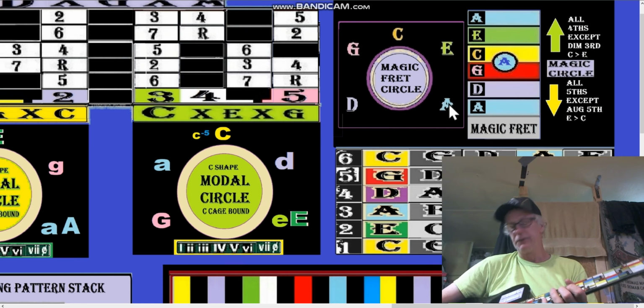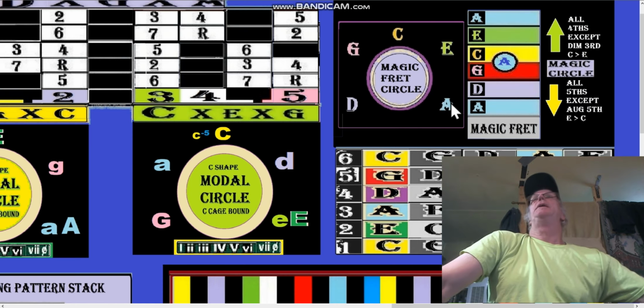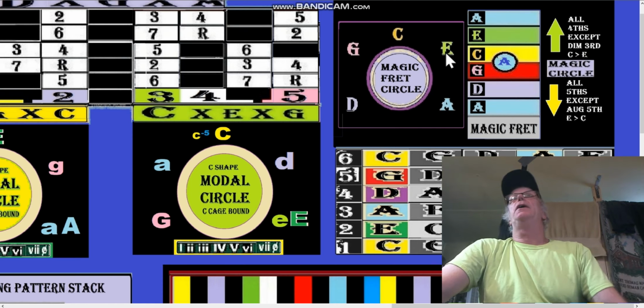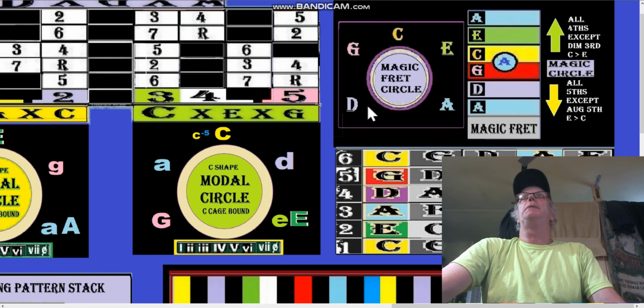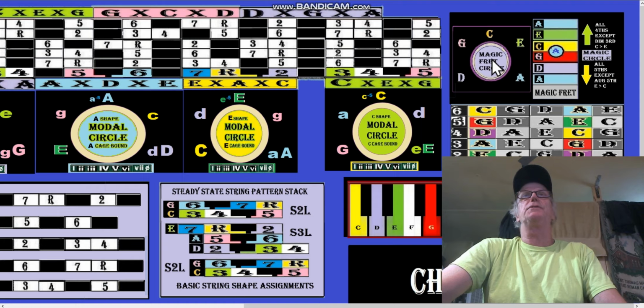There's your A second inversion. So that's a little mention of the magic circle. Now, going backwards on the magic circle has an interesting effect, and we'll get to that towards the end of the lesson.